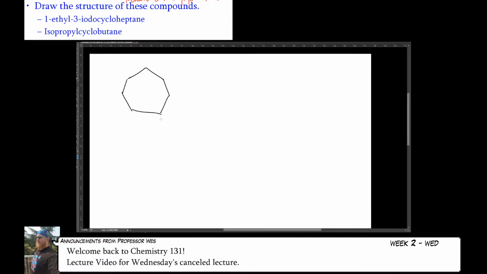And then I'm just going to pick a position to be 1. I can pick any position I want to. I'm going to pick this one just to bug people. And then if that's 1, then I just got to go 2, 3. I'm going to go counterclockwise. Haha, you can't stop me. Iodo. Cycloheptane. There you go. So that would be 1 ethyl, 3 iodo, cycloheptane.